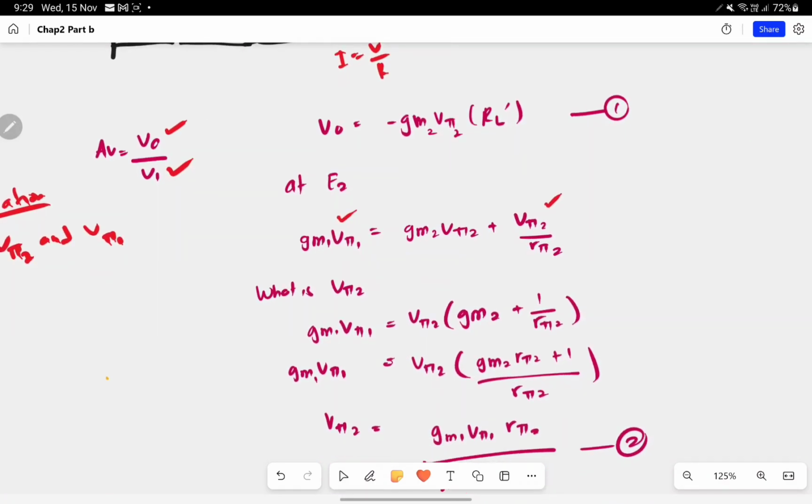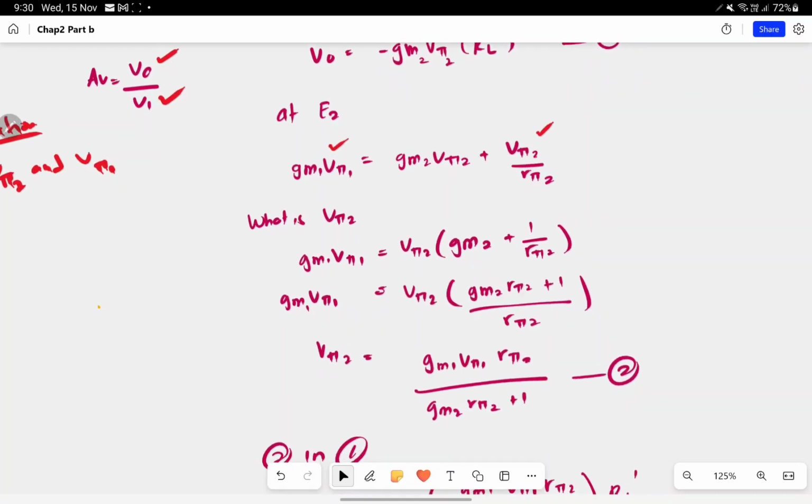Okay. So we rearrange our equations. I bring out all V pi 2 to the outside. It becomes V pi 2 bracket GM2 plus 1 over R pi 2 bracket.